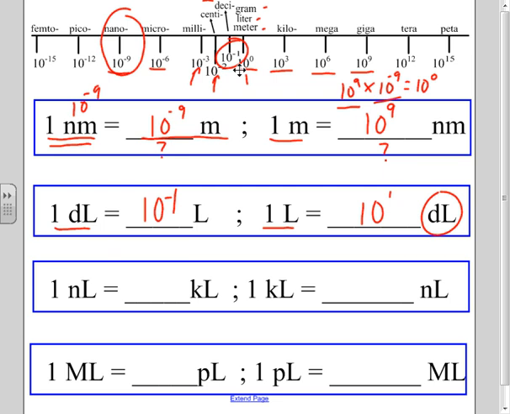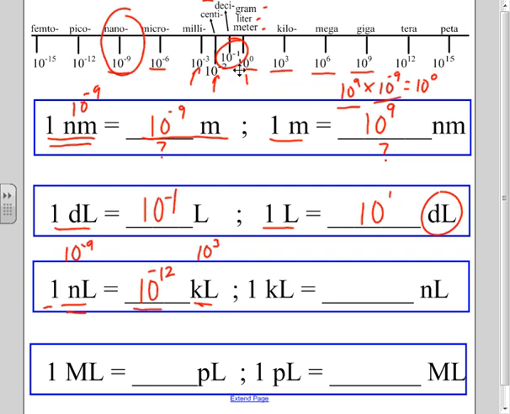If we go from nanoliters to kiloliters, we got to think again through our numbers. A nanoliter is 10 to the minus 9th liters. A kiloliter is 10 to the positive 3rd liters. And so we have an absolute value of 10 to the 12th. And if we're going from a smaller unit to a larger unit, you can't have a larger number of a larger unit equaling a smaller number of a smaller unit.